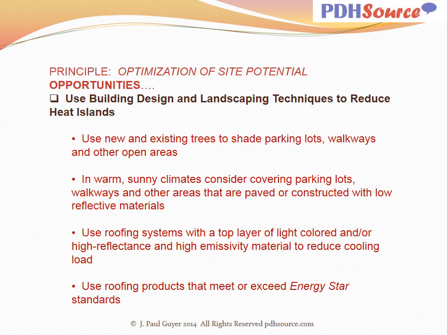With roofs, there are things you can do in the selection of the roofing materials, providing reflective roof membranes, or light colored or white rather than black. Black retains the heat, and that is a load on the air conditioning system in the building.